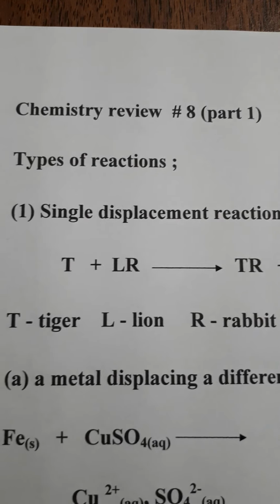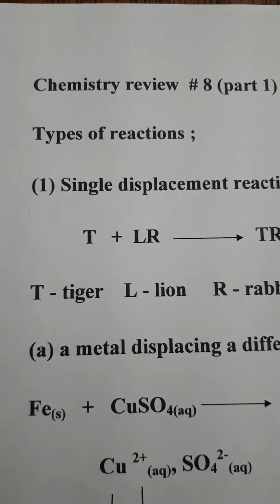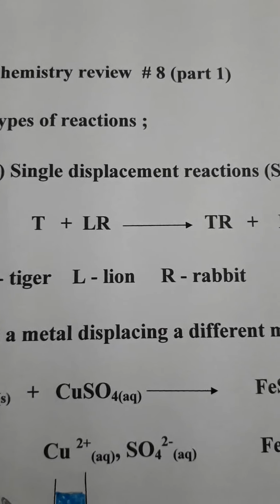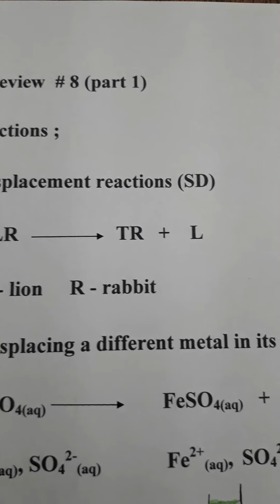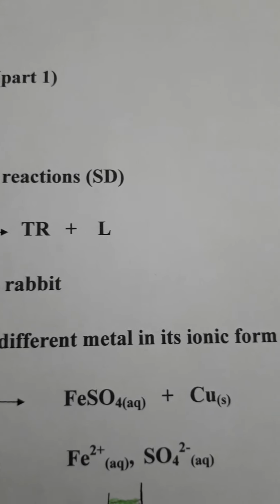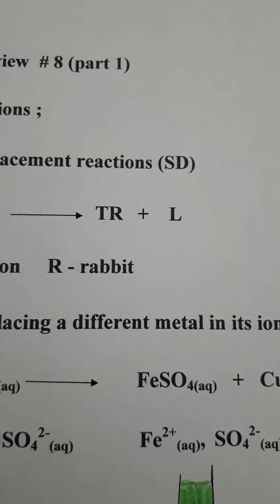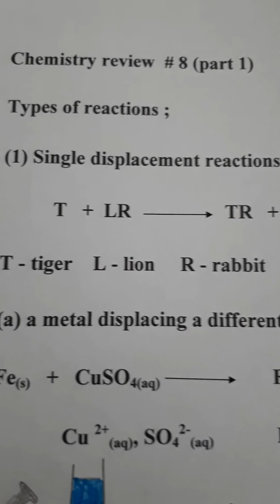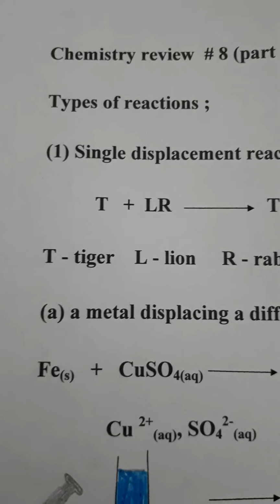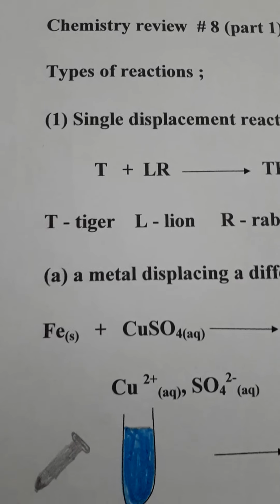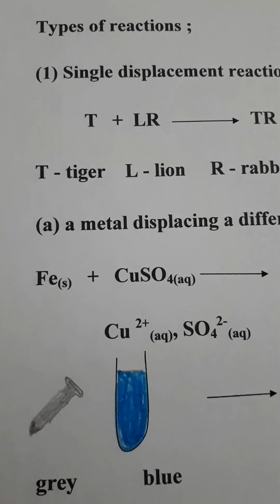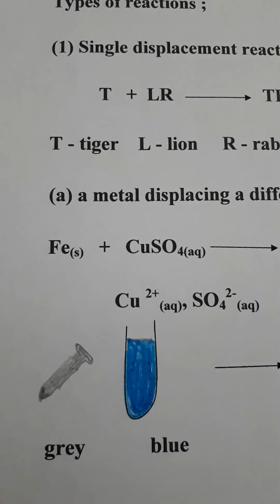So under this reaction, part A is a metal displacing a different metal in its ionic form. For example, if you put a piece of solid iron or an iron nail in a solution of copper sulfate, what will happen?